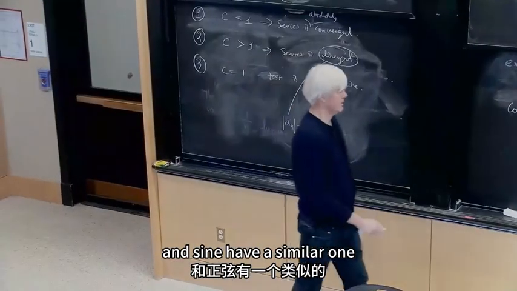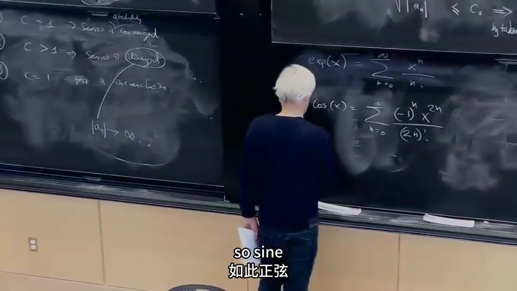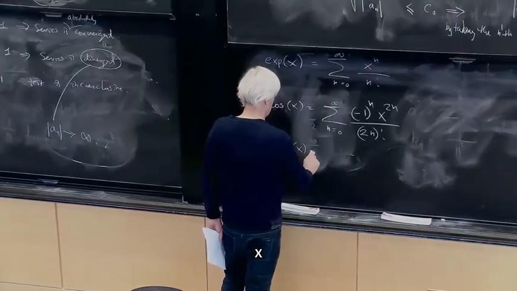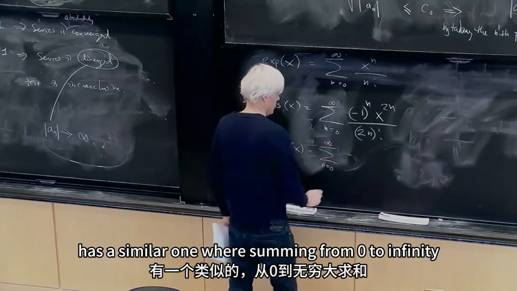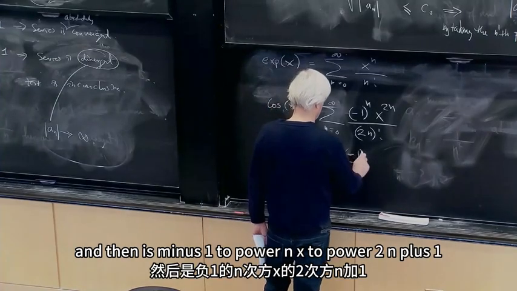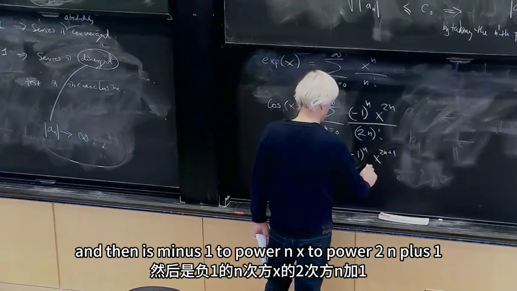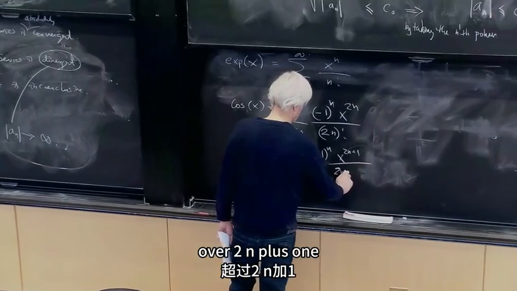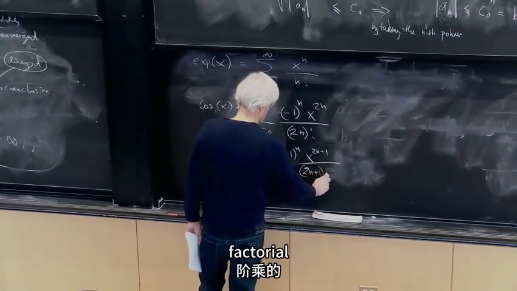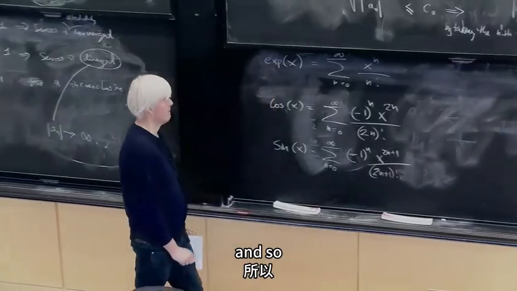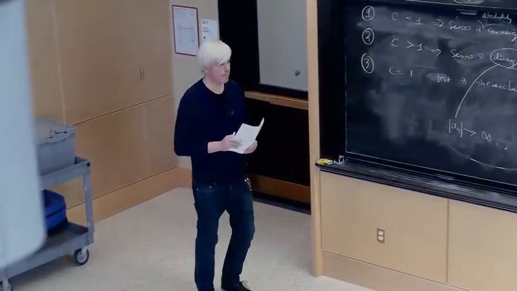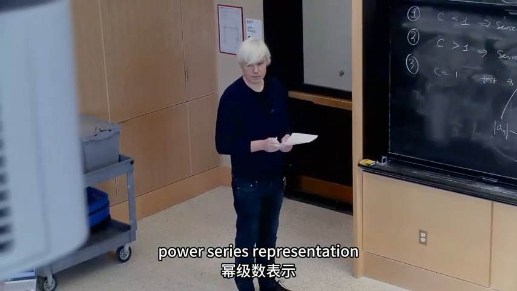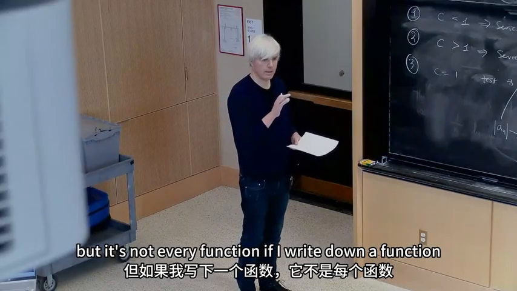And sine has a similar one: sine x is the sum from 0 to infinity of minus 1 to the power n, x to the power 2n plus 1, over 2n plus 1 factorial. And lots of functions have power series representations, but not every function.